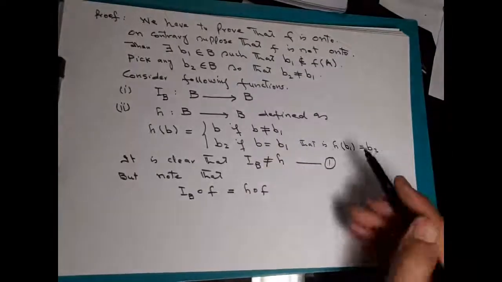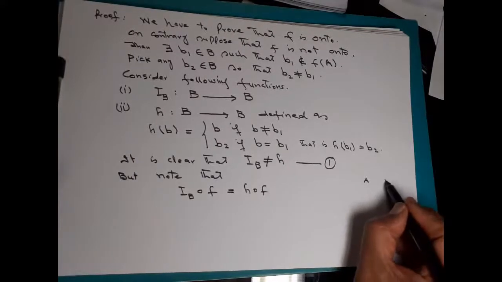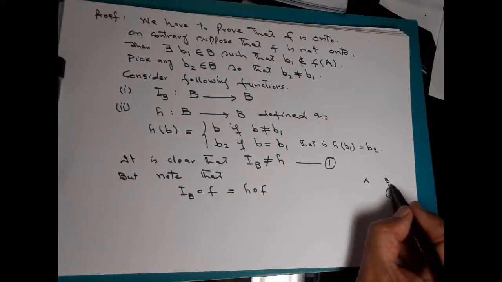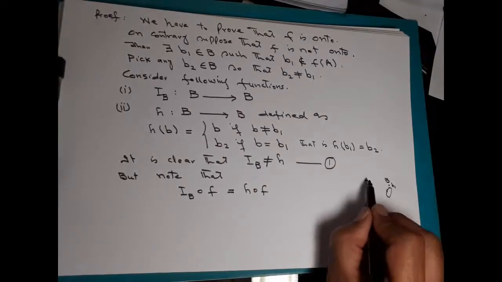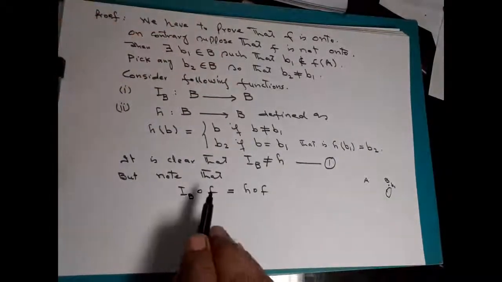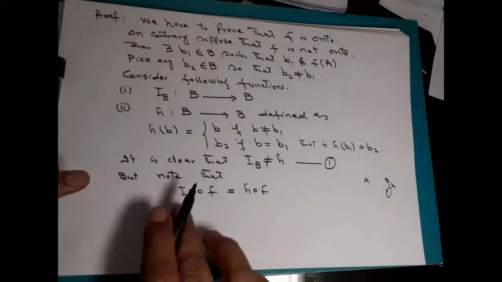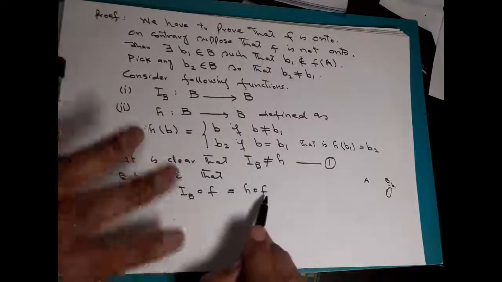Remember that our function f was from A to B, and suppose this is the image of the function. b1 is outside this image. Therefore, when you take composition, b1 being outside will make these two equal. You can do it by yourself. So these two are equal because b1 is not in the image. So that will not affect their equality.